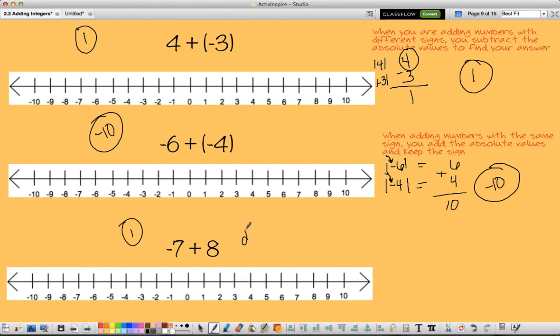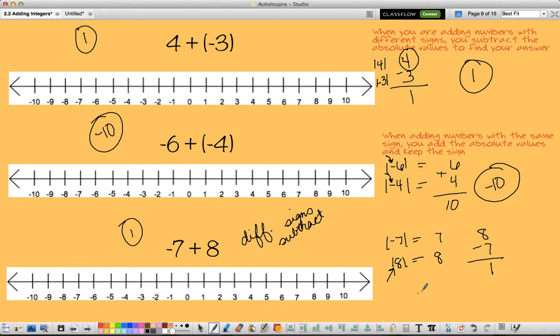So here we have different signs. So I know that I have to subtract. All right, so the absolute value of negative 7 is 7, and the absolute value of 8 is 8. So I'm going to do 8 minus 7, and I get 1.